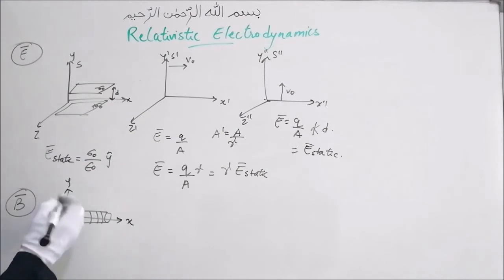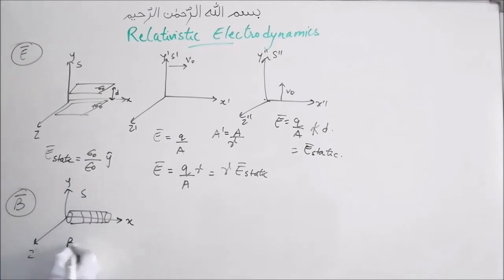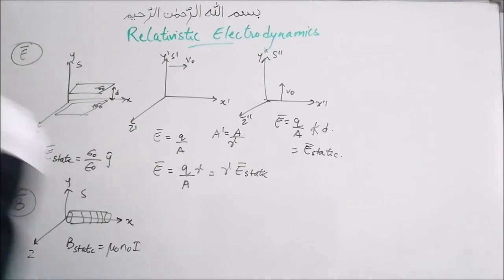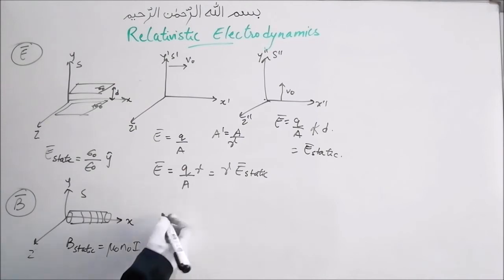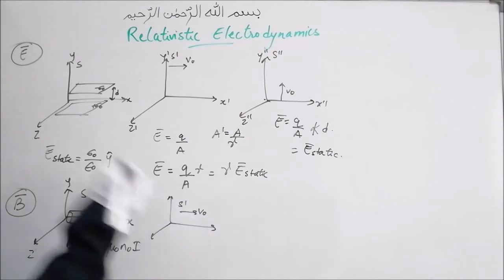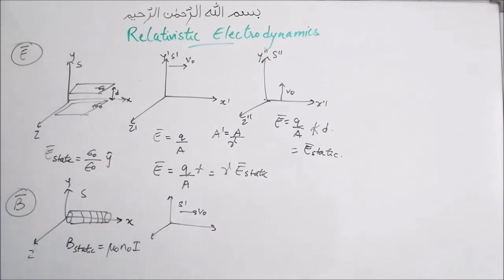Now, when it is in the frame S, we know the magnetic field inside the solenoid, call this again B static, will be equal to mu naught n naught I. Now if we consider some frame S dash moving towards the right with velocity v naught, we will see that the length will contract.